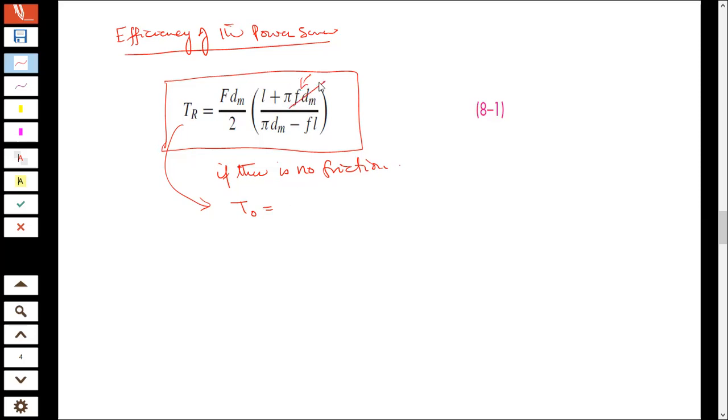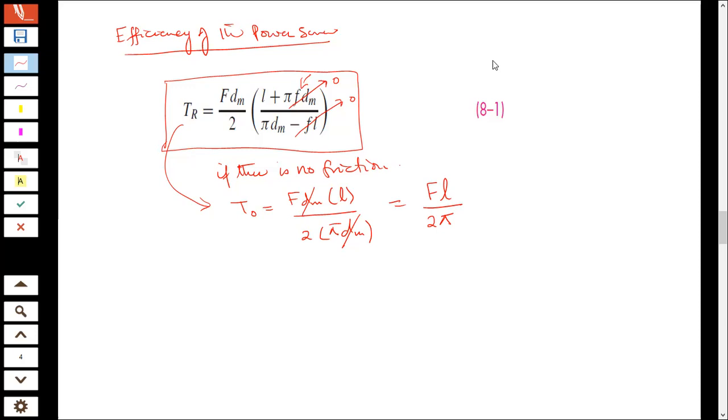This term will become zero, and I'll have F dm times L divided by 2 pi dm, so dm cancels, giving F L over 2 pi. So this is the maximum that I can have, right?